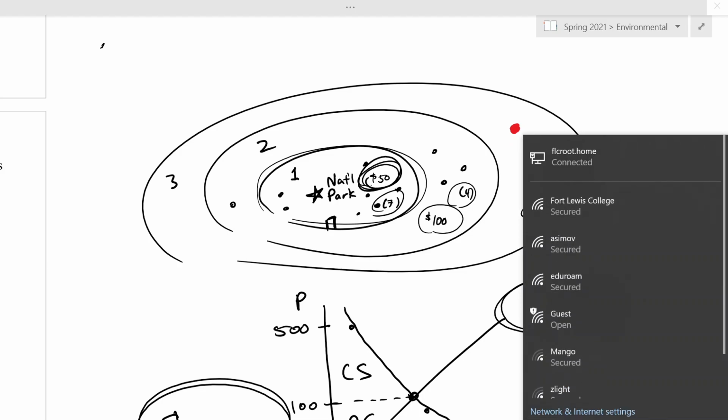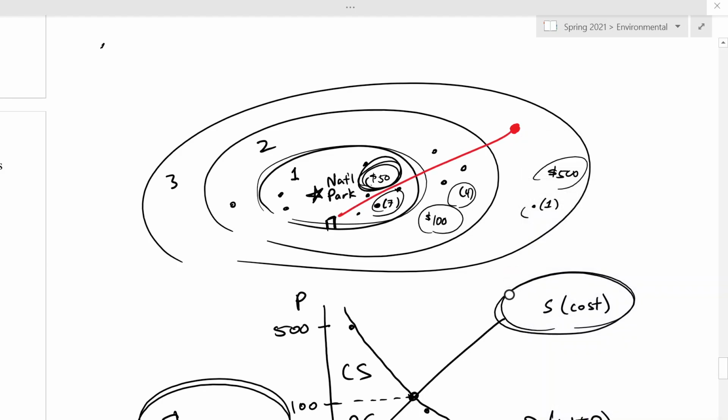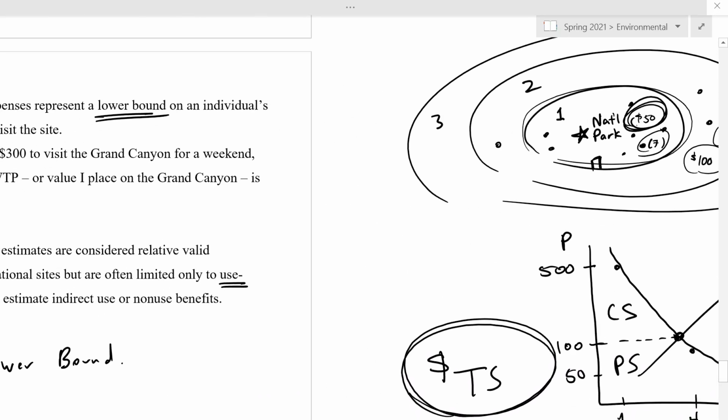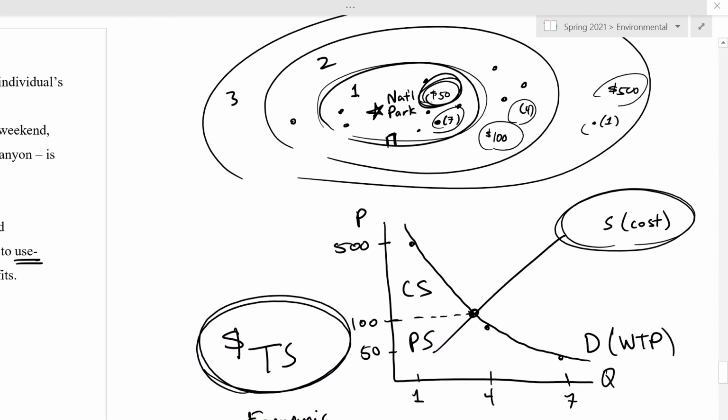But if they don't actually go see it, then we're not going to have their value in the study. So that is one pitfall to travel cost technique, but otherwise it's a very nice, robust technique. Yeah, and it is based on actual behaviors.